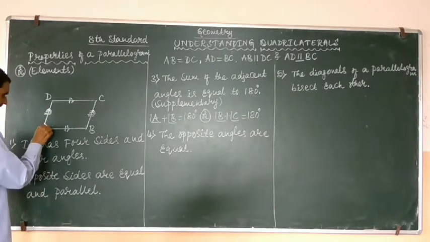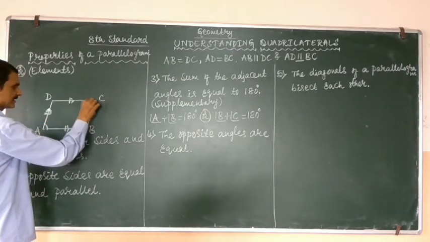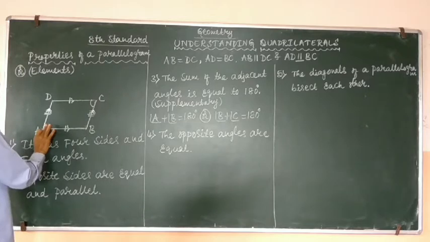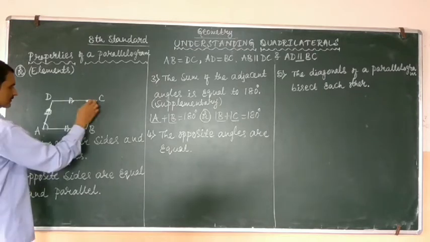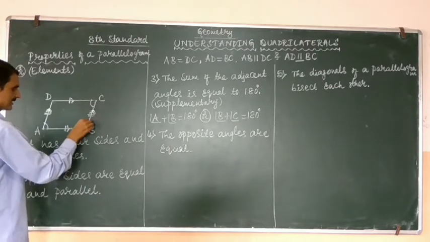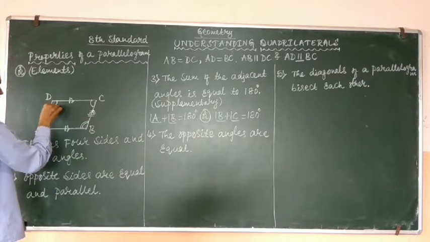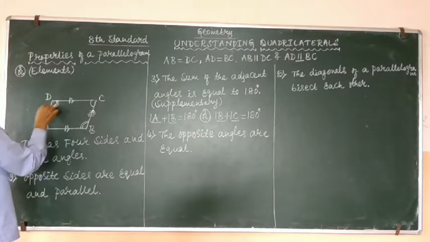Coming to the opposite angles: angle A and angle C are opposite. In a parallelogram, these are one pair of opposite angles, and these two are another pair.